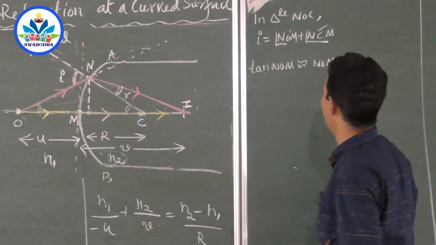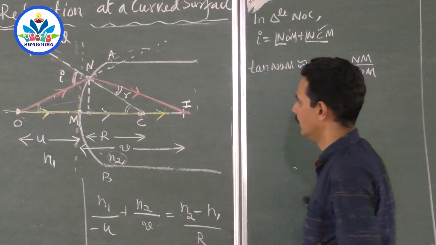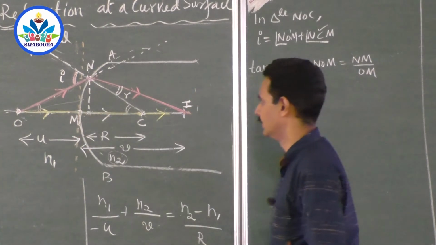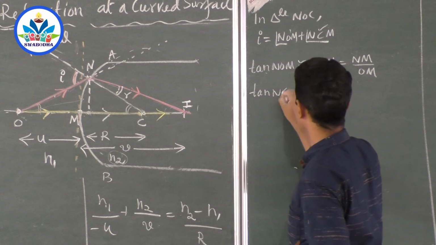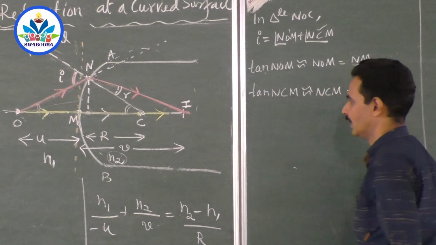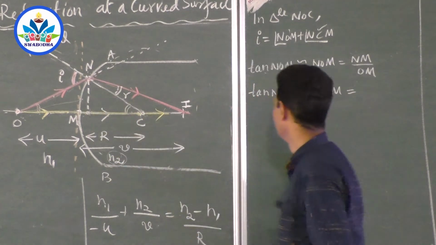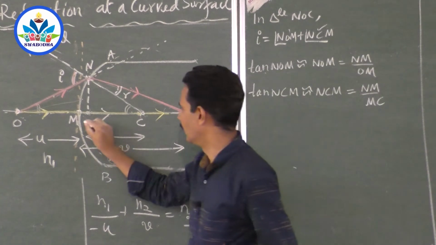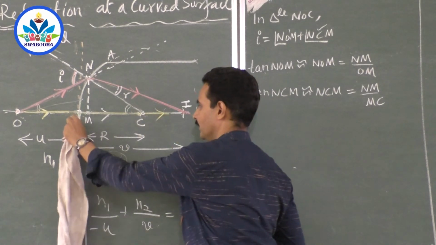What is tan NCM? Tan NCM is almost equal to NCM, because tan theta is almost equal to theta. Opposite side NM by adjacent side MC. Let me write M here if you are too confused.